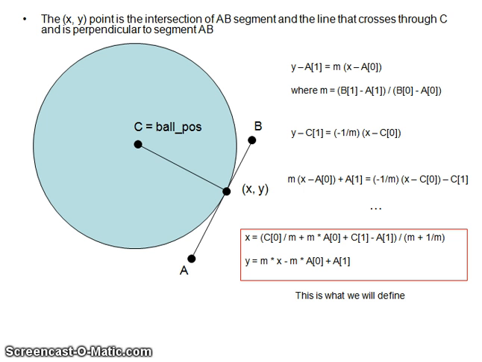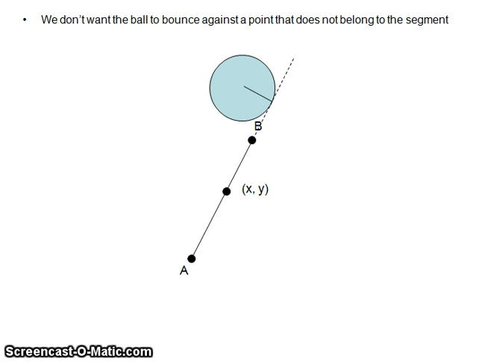So this way we can say to the computer, hey, measure the distance between this point that is the nearest to the center and compare it to the radius of the ball, so make it bounce or not. But we have to be careful because this point that we find belongs to the line, and the lines are infinite from both sides.